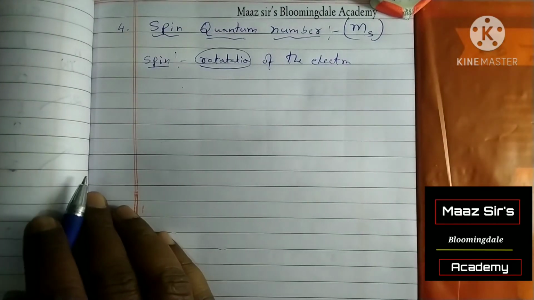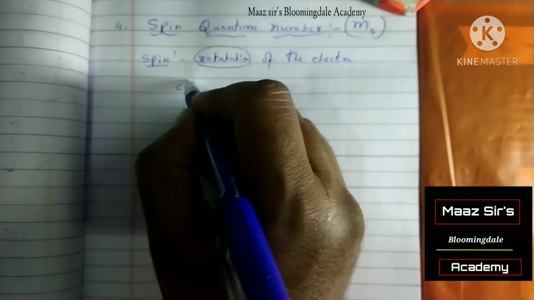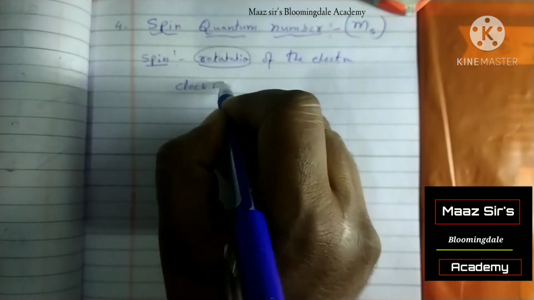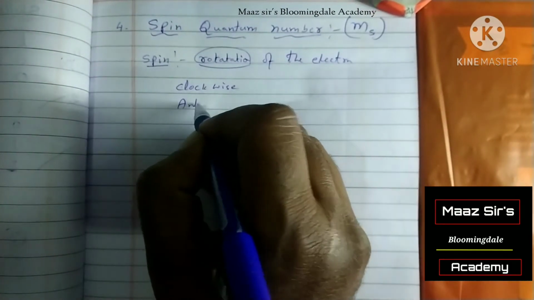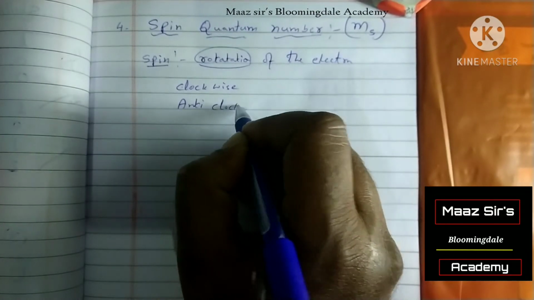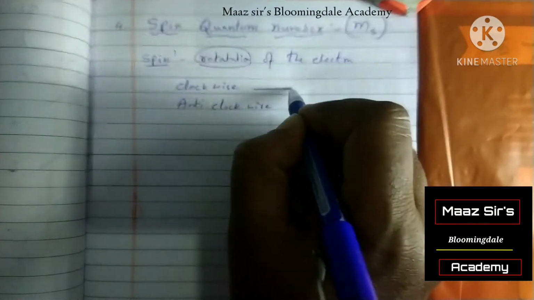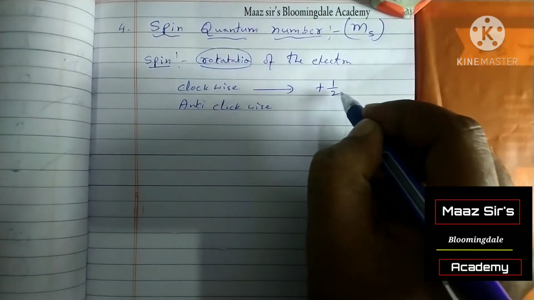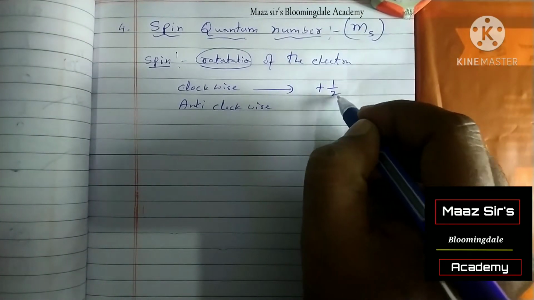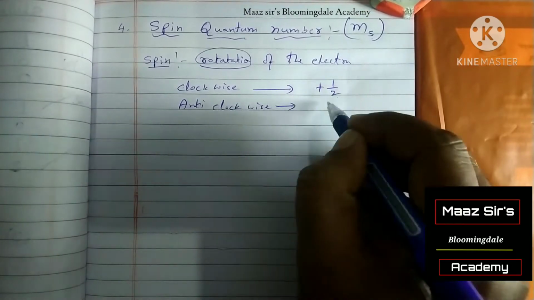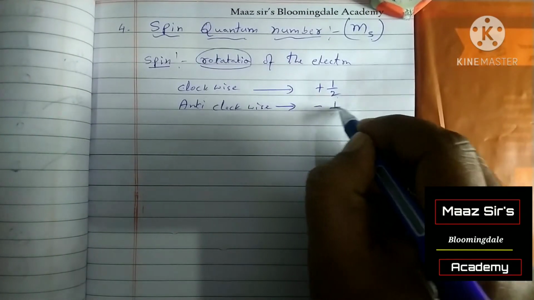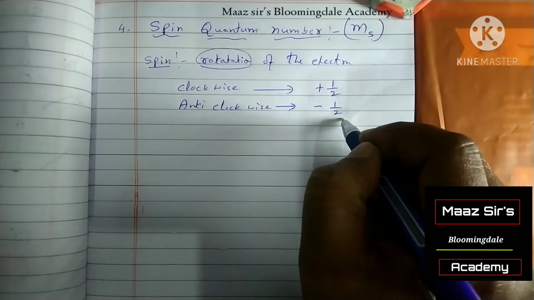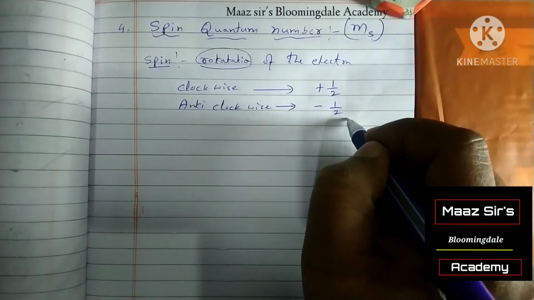This electron will rotate clockwise or anti-clockwise. If it is rotating clockwise, then it will have positive 1 by 2 value. If it is anti-clockwise, it will have negative 1 by 2 value. So these are the values.